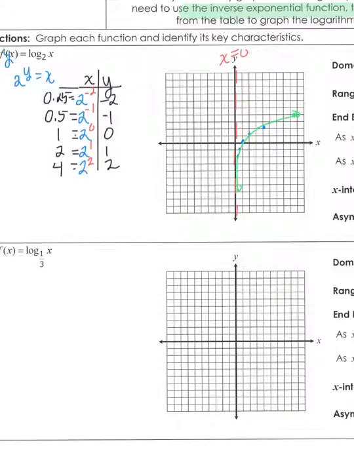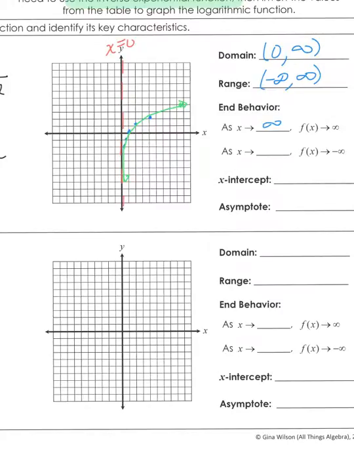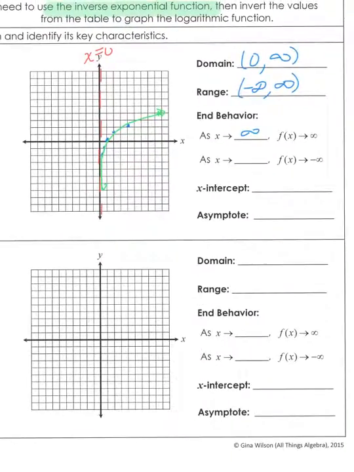All you have to do is put, like, negative 10 in for y. If you take 2 to the negative 10, you're going to have a really tiny number close to 0. So as y gets smaller, x is getting closer to 0. So that's your left-hand behavior.